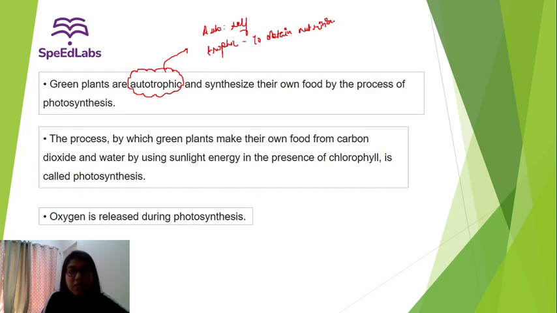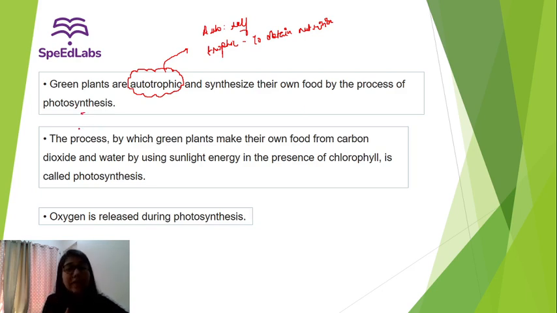So the organisms which are autotrophs, which follow the autotrophic mode of nutrition, can prepare their own food. Green plants are autotrophic and synthesize their own food by the process of photosynthesis.